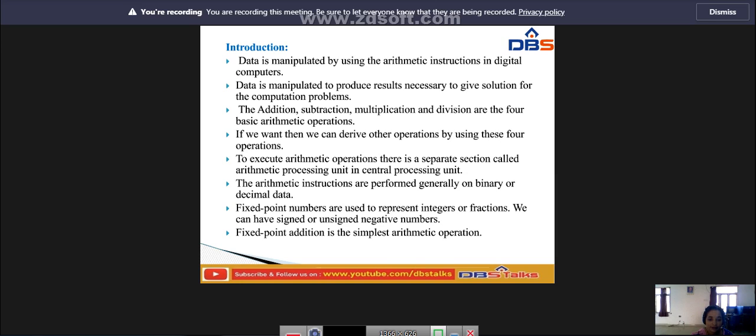Fixed point addition is the simplest arithmetic operation.